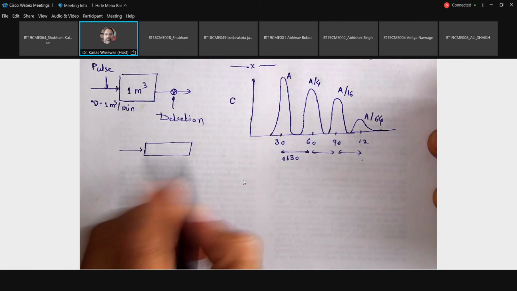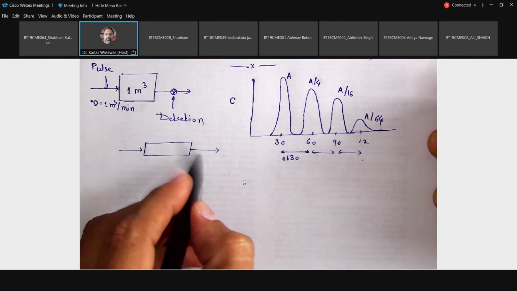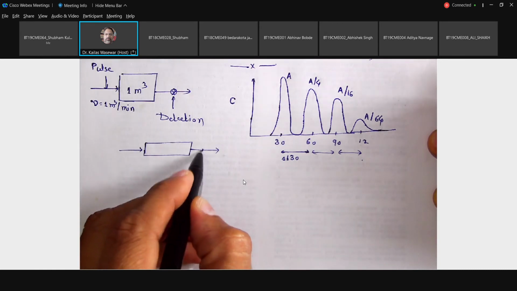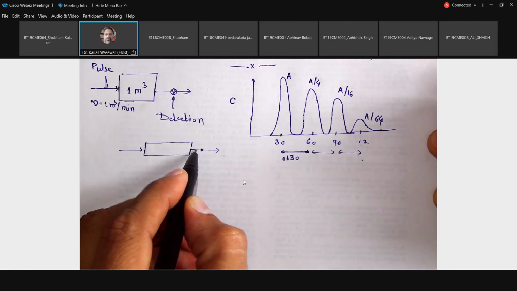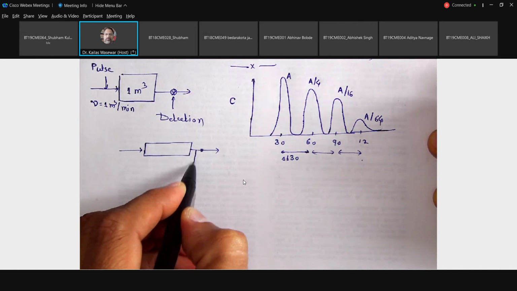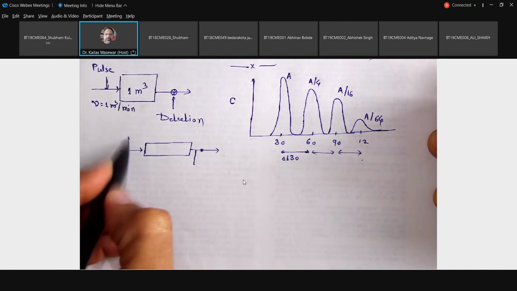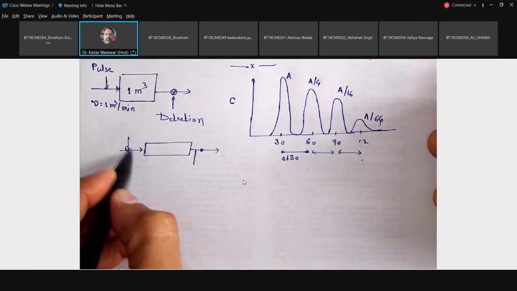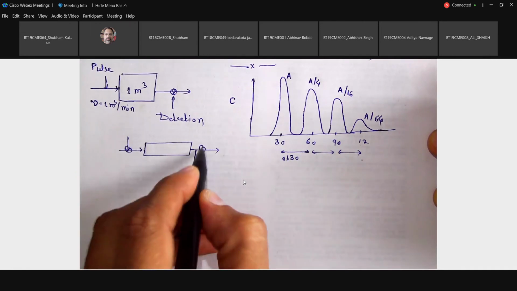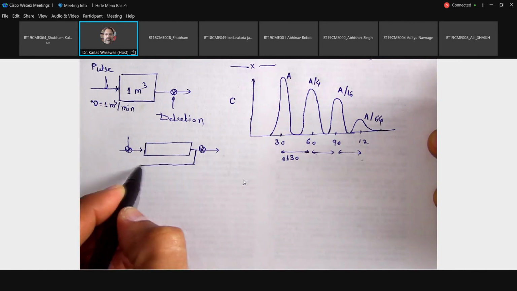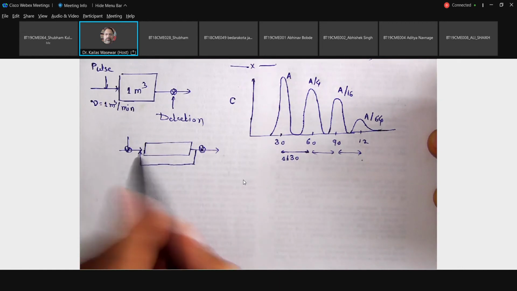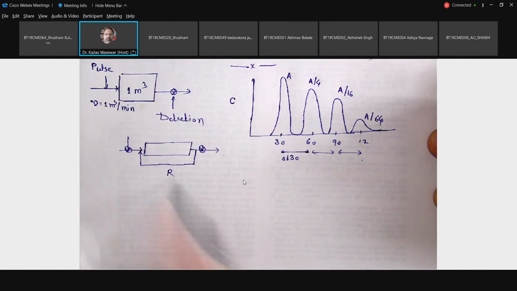But what is happening? The complete tracer is not coming out at the detection, and some of it is recycled back, and that recycle is R, the recycle ratio.